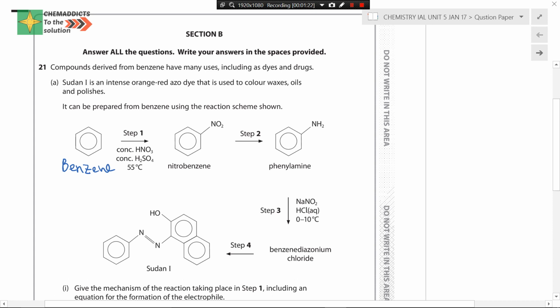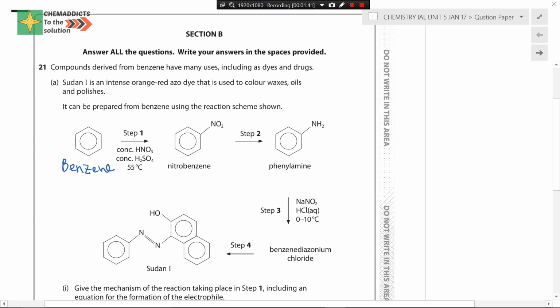So at first, before going to the question, let us study the reaction scheme that is given over here. The first compound is benzene. Under certain conditions we are going to have nitrobenzene.